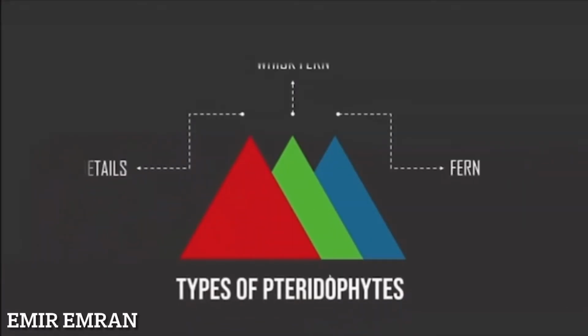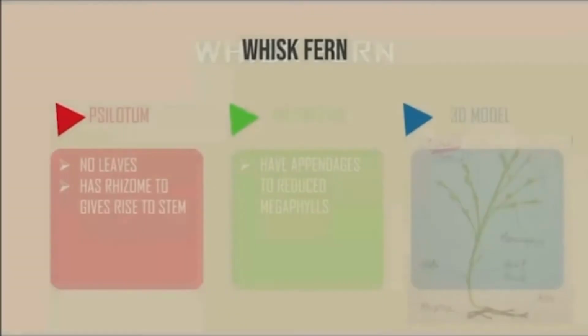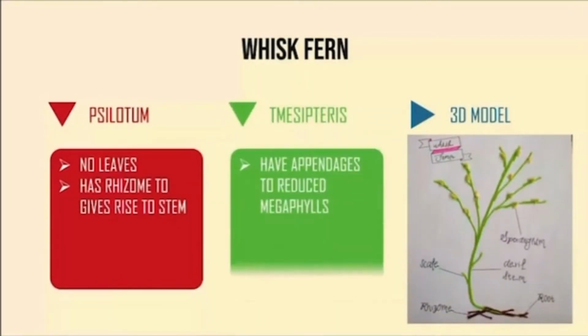The next slide shows the types of pteridophytes again: the whisk ferns, the horsetails, and the ferns. The whisk ferns are divided into Psilotum, which has no leaves and has a rhizome to give rise to stems, and Tmesipteris, which has appendages to reduce megaphylls.